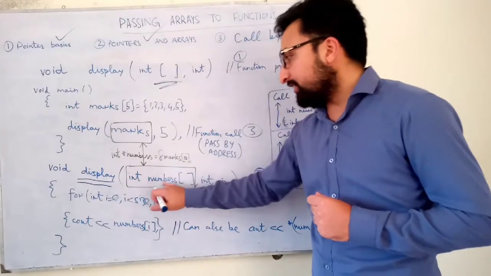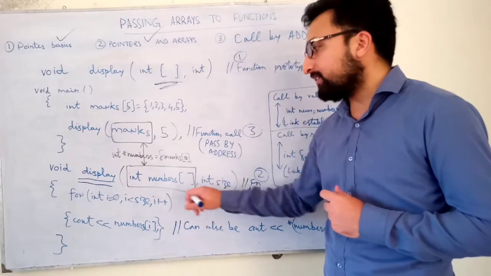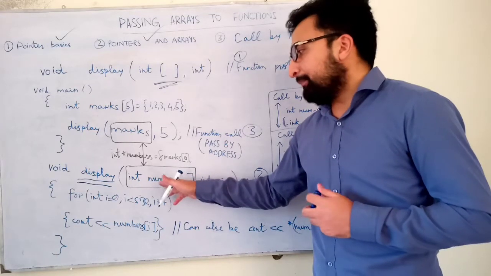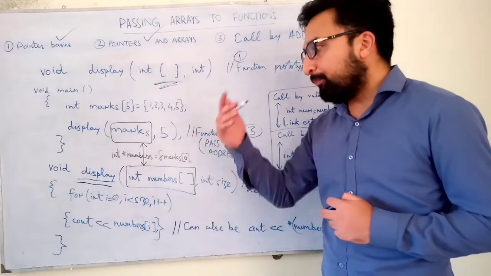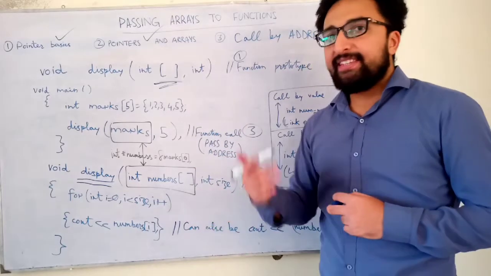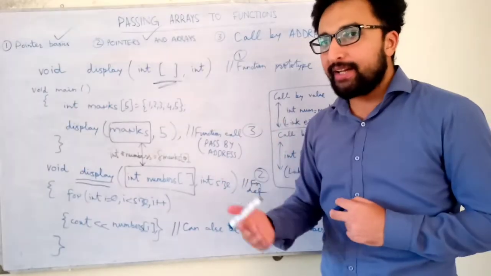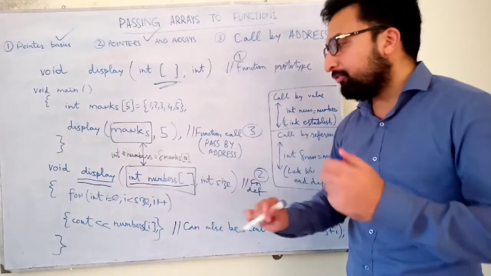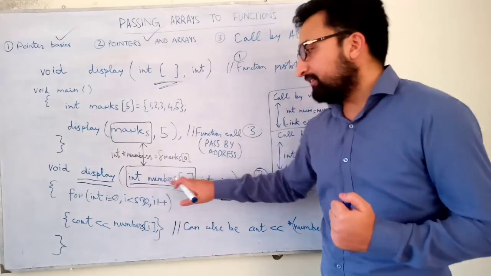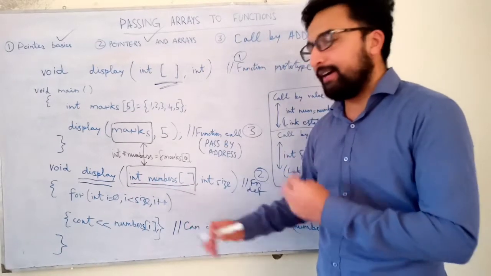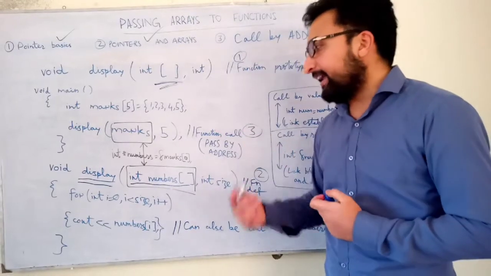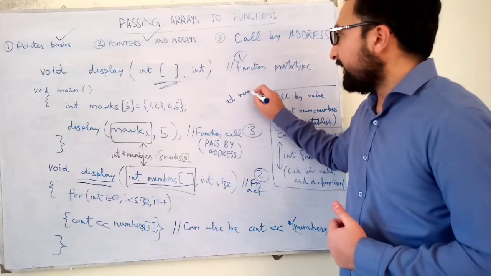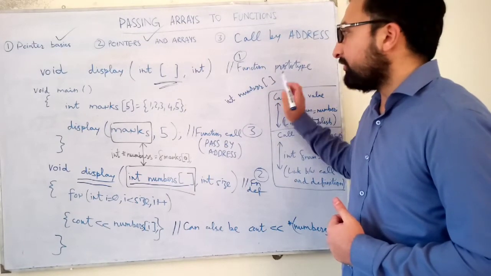This thing, int numbers with square brackets, basically means that numbers is the name of an array that is serving as the pointer to the first element of the array. We saw in the discussion before that here, by the way, we are defining a new array, and when we write int numbers with square brackets, the array is defined.